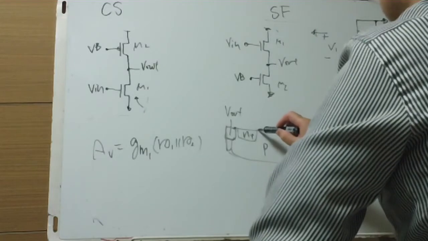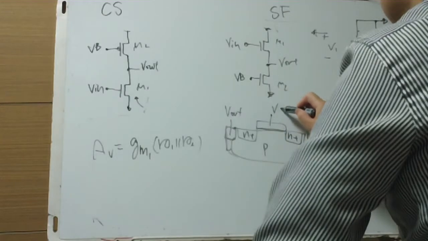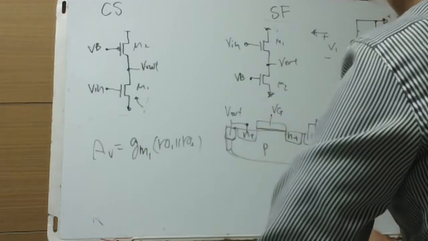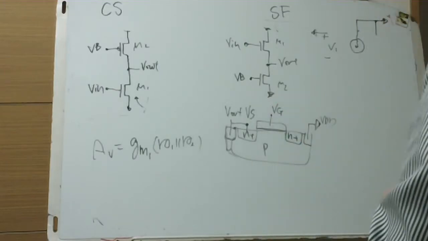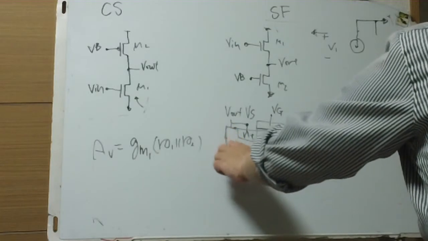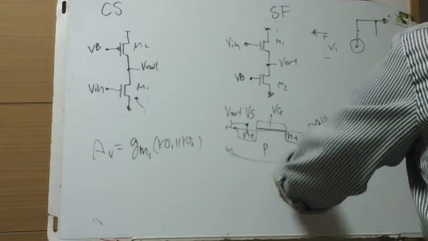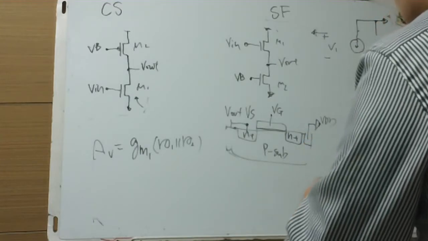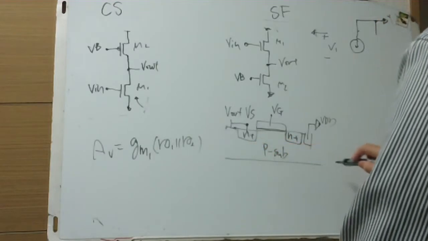This is the gate oxide, this is the gate VG, and this is VS. Usually Vout is not connected to a floating P well; in many cases it is the P substrate, which couldn't be floated.